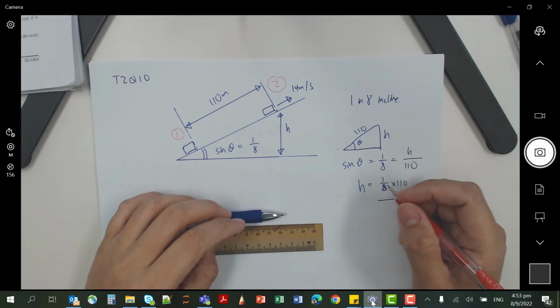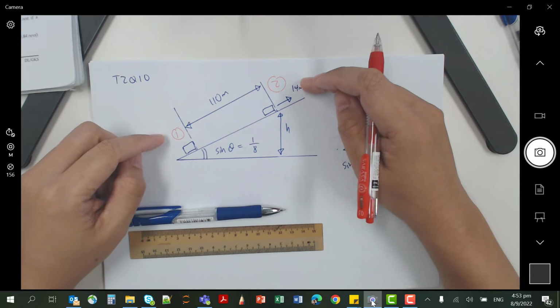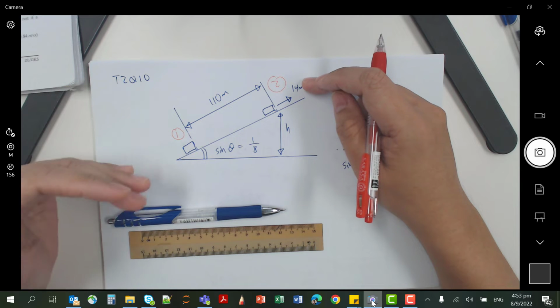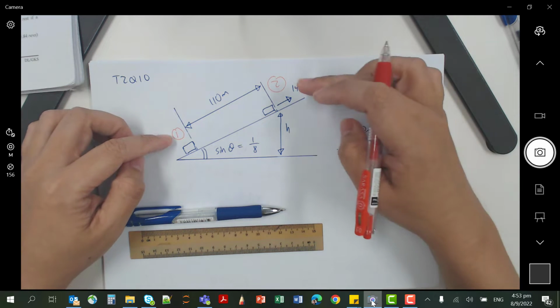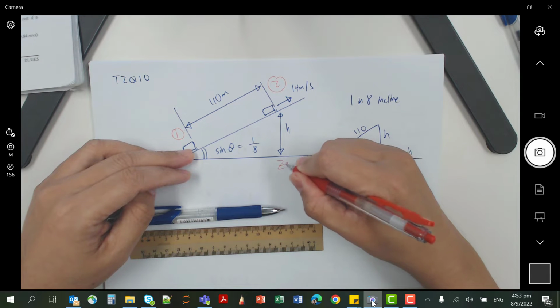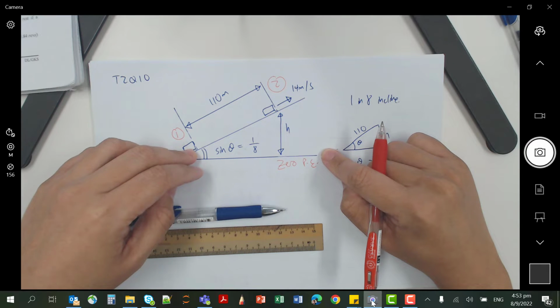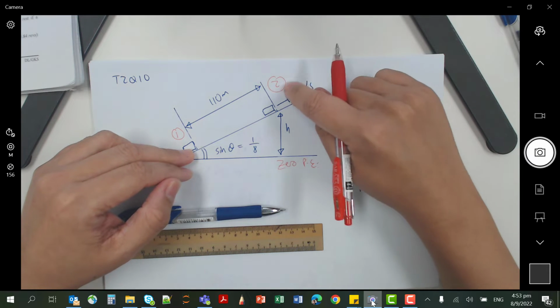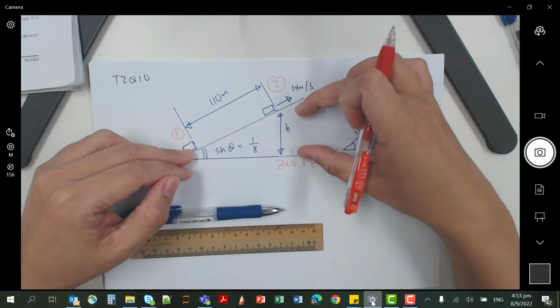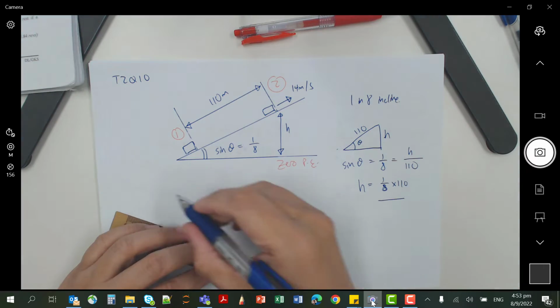Usually we will set the 0 at one of the states, the one at the lower position. For this case, state 1 is lower than state 2, so this height is your 0 potential energy level. So it will be very easy for you to find PE2 because you just need to do mgh later on.